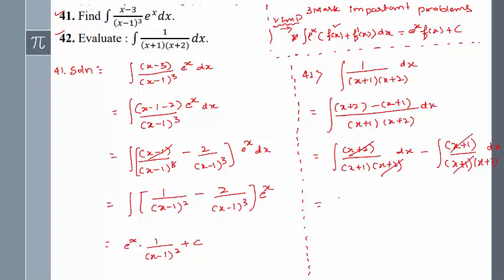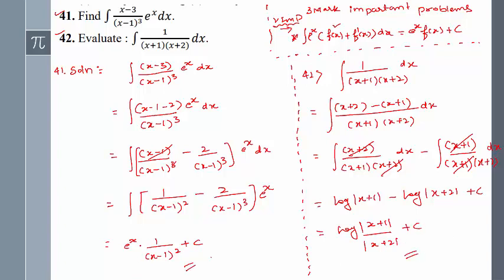This will be equal to 1 by x plus 1, that is log of mod x plus 1 minus log of mod x plus 2 plus c. So this is log of mod x plus 1 divided by x plus 2 plus c. So like this also you can solve. Okay.